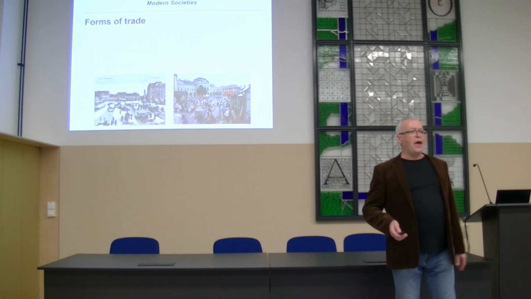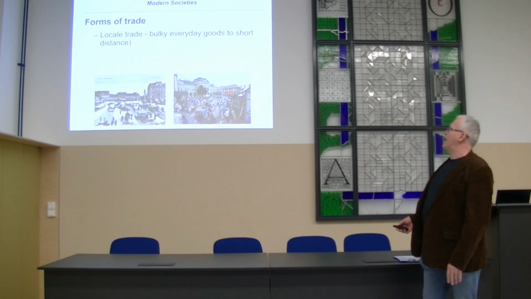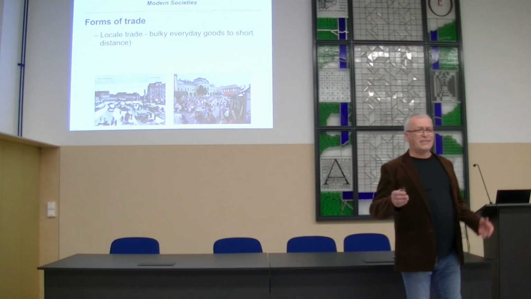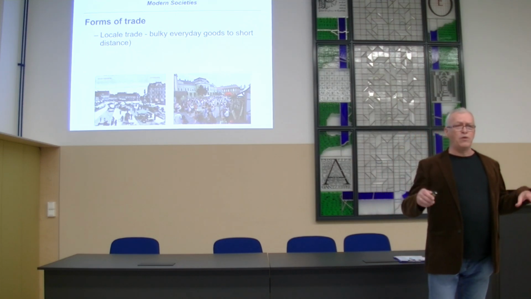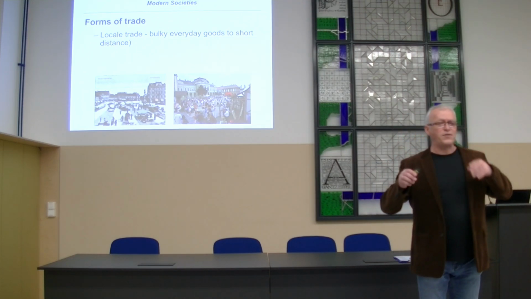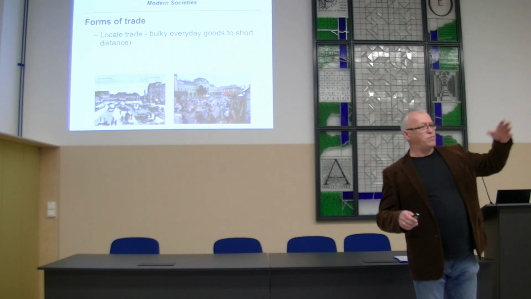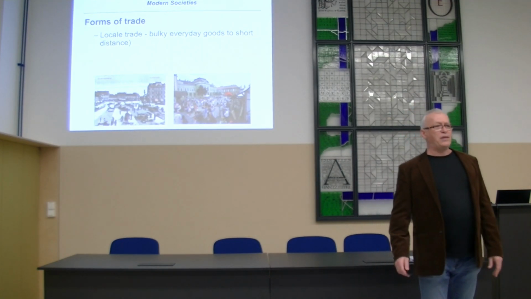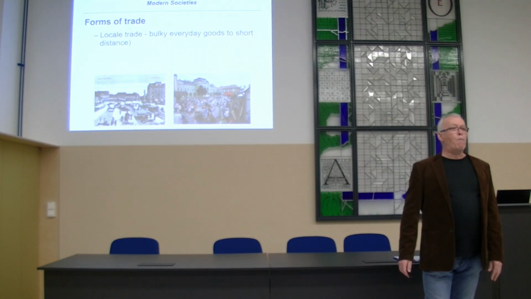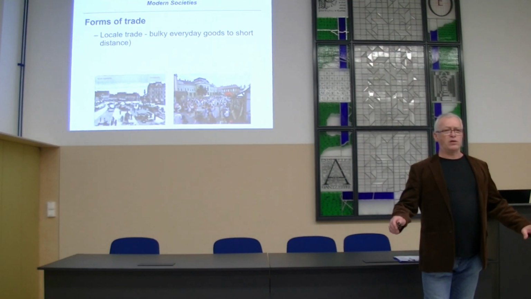The first one is local trade. Local trade means bulky everyday goods over short distances. For example, in the case of Szeged, if you walk not so far from this building, there is a square, Mars Square. This is the local market.